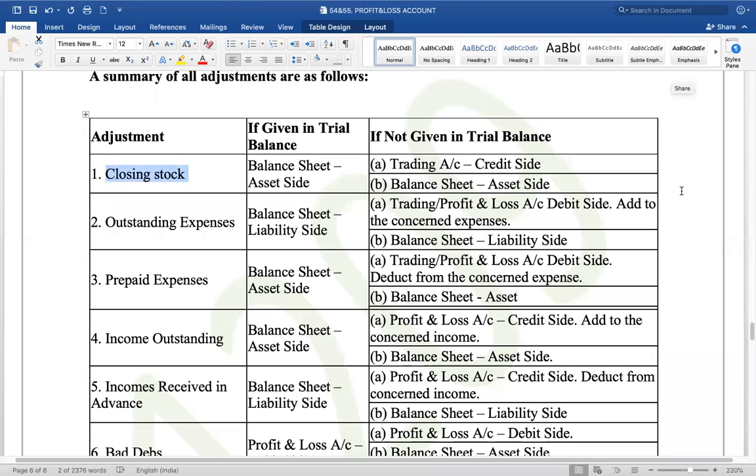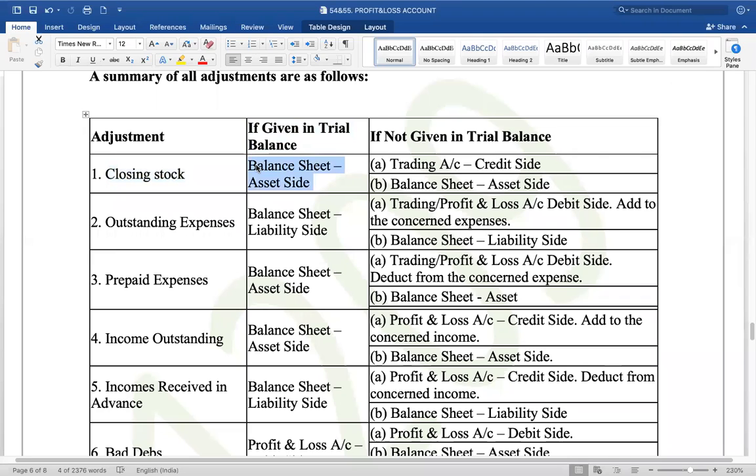Right, closing stock. First item, closing stock. If it is given in the trial balance, then what do you do?